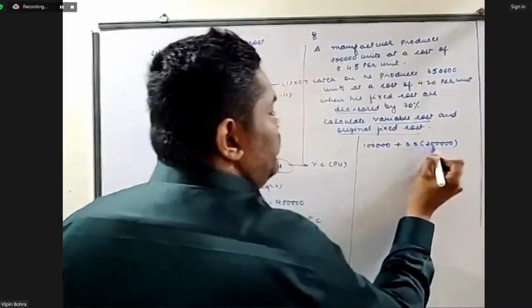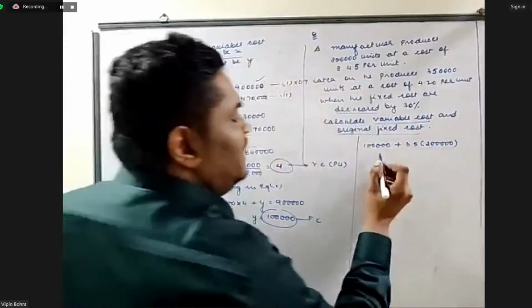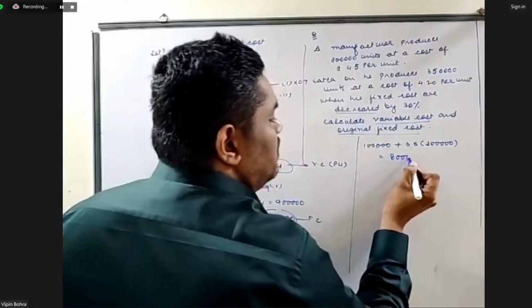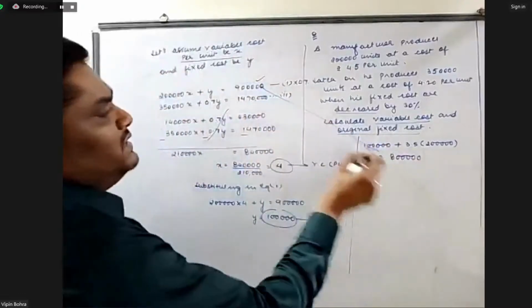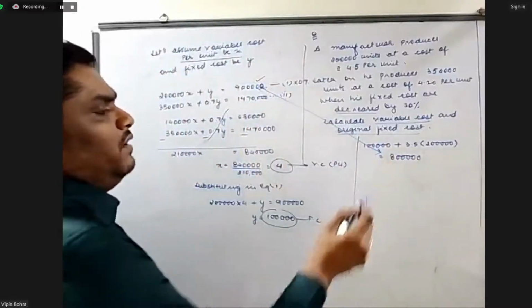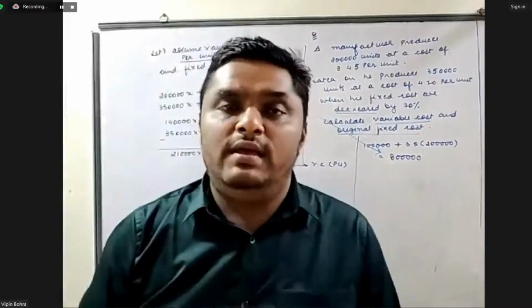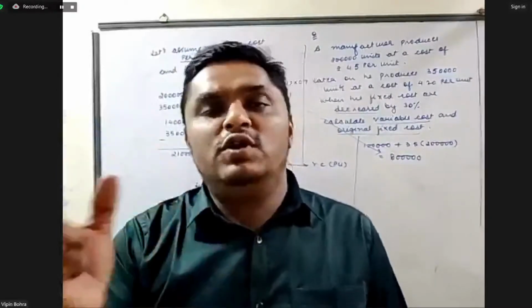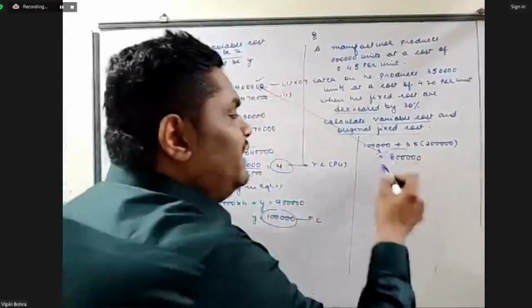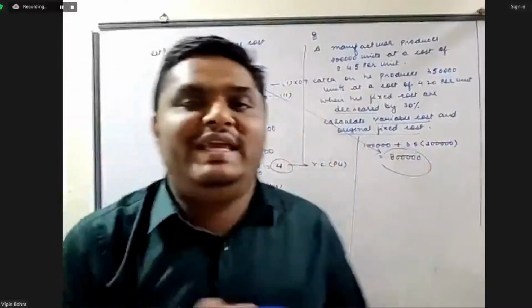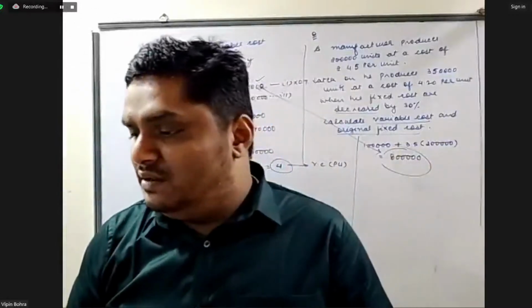So this will be 3.5 into 2 lakh, 7 lakh plus 1 lakh. It will be 8 lakh. Whereas in our question it is 9 lakh. You can check the total of fixed cost plus variable cost. Your total is 8 lakh and my total is 9 lakh as mentioned in the question.